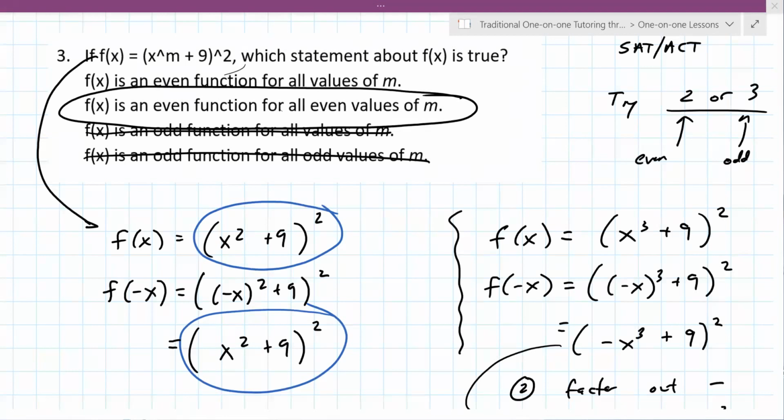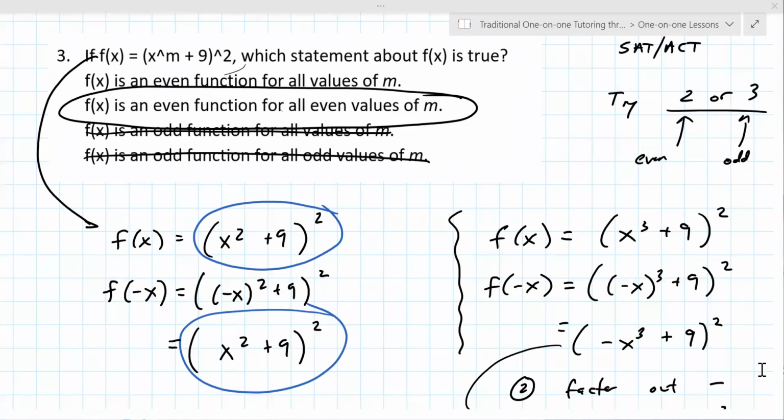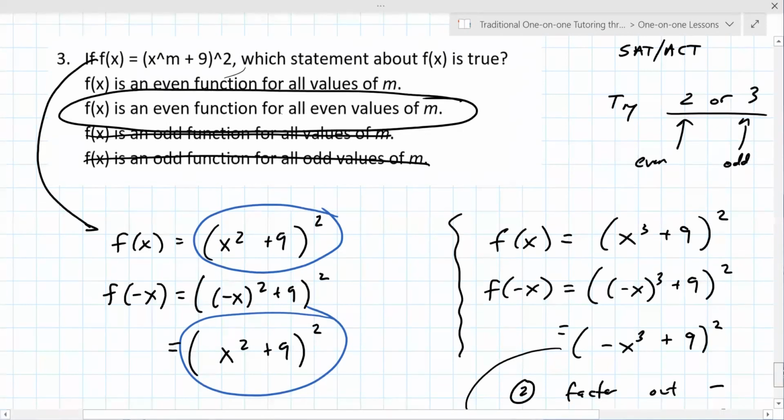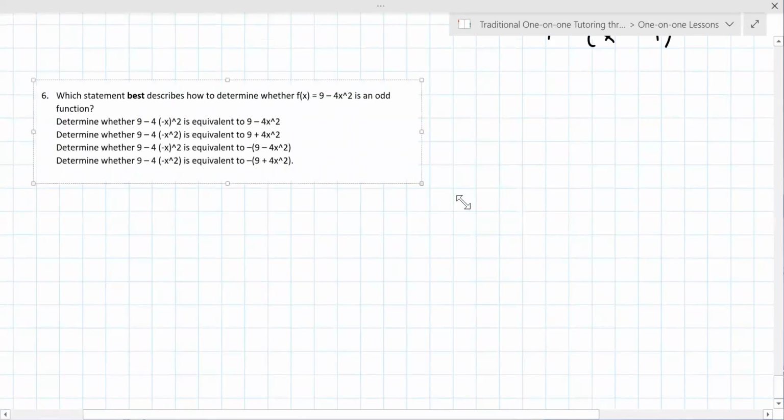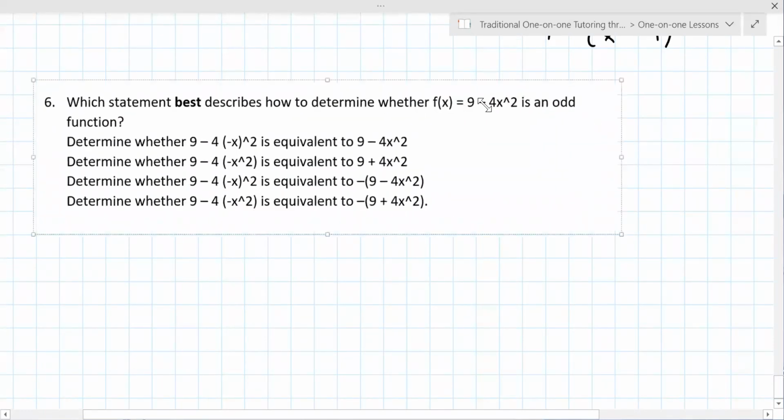Okay, number 4. Actually, we're going to do number 6 next. We kind of already did this, so we can go through it pretty quickly. Determine whether this function is an odd function. To do that, you first have to determine f of minus x, and we already did that earlier.